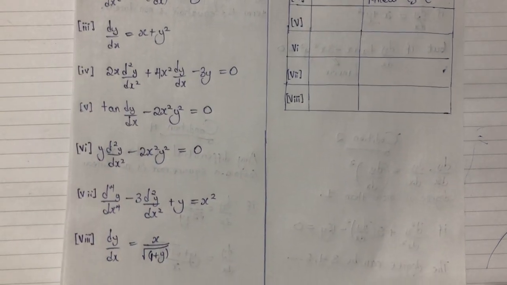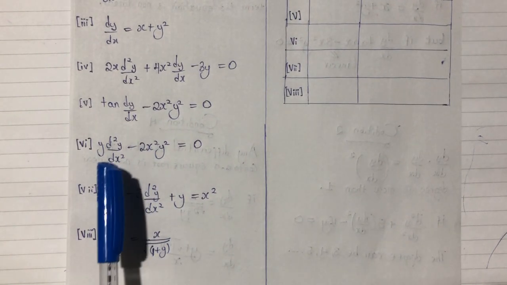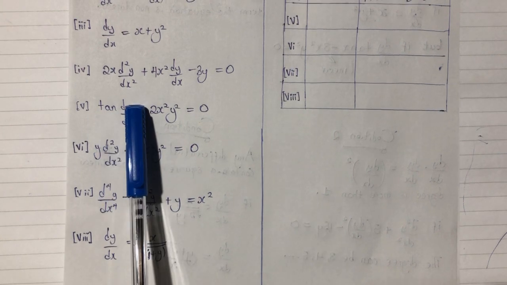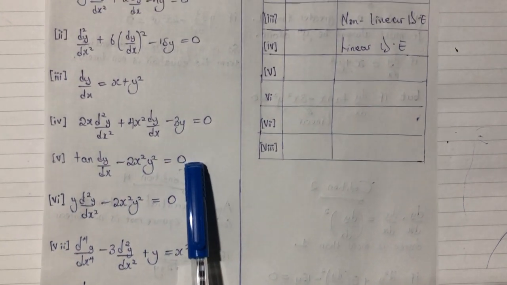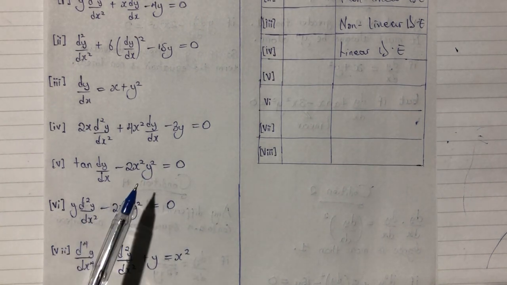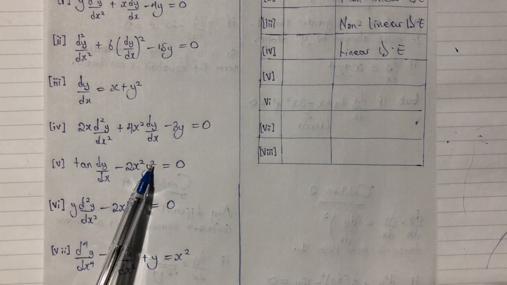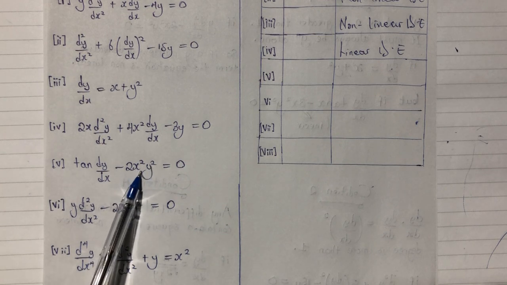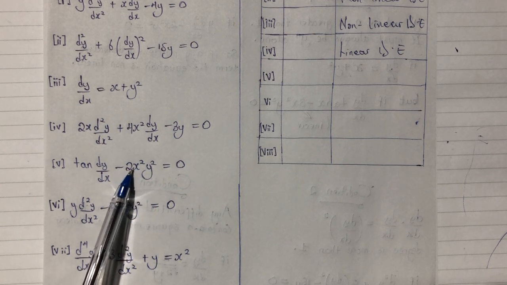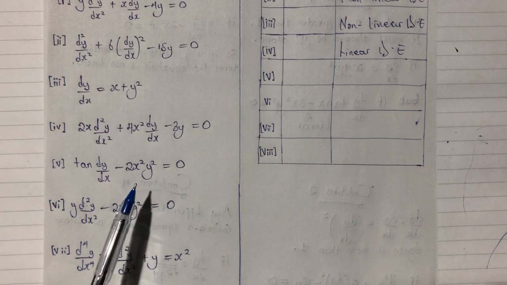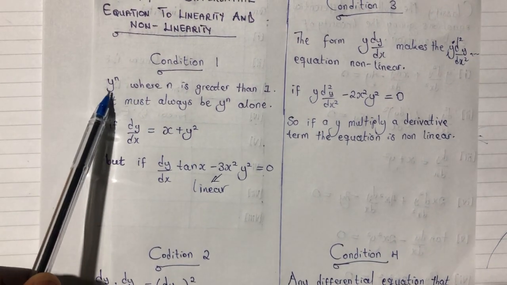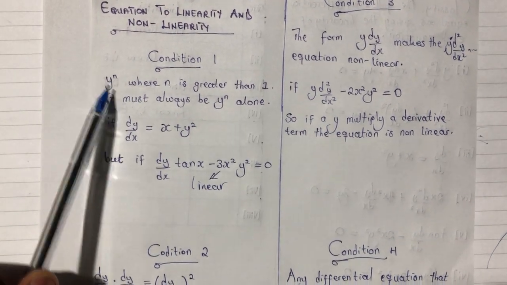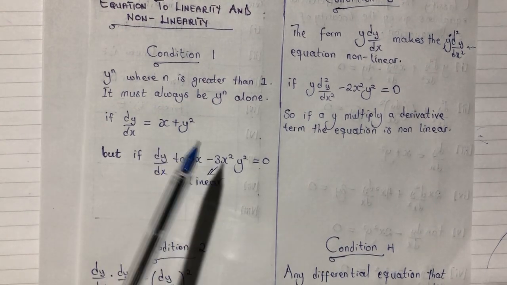And then we move on to the fifth one. We have here tan(x) dy/dx minus 2xy squared equal to 0. Look at this critically. We can see there is a y term here. The power is greater than 1, but it is being multiplied by another term, minus 2x. In the rule that we studied here, we learned that for condition number 1, y raised to the power n must not be multiplied by anything.